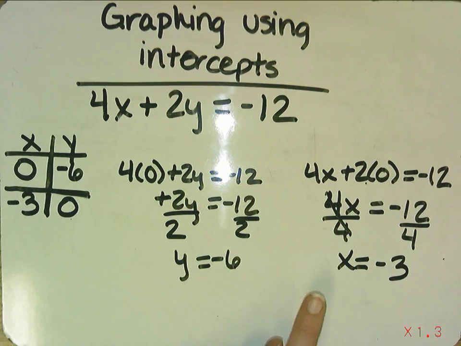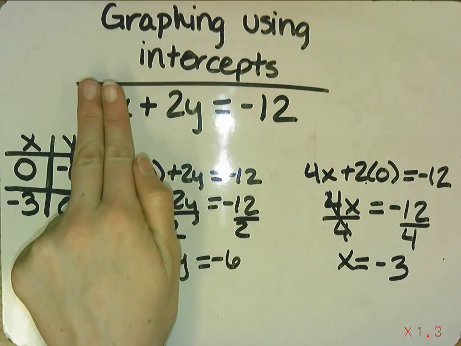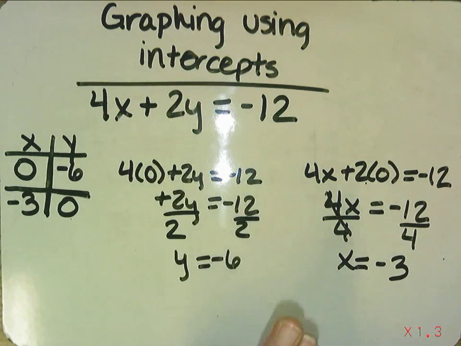So if you have really strong mental math and you don't want to write this down, you can use the cover-up method. If you don't feel like the cover-up method makes sense to you, absolutely write them both down and solve them out on paper. Okay? So now that you have found your two intercepts, what do you do with them?